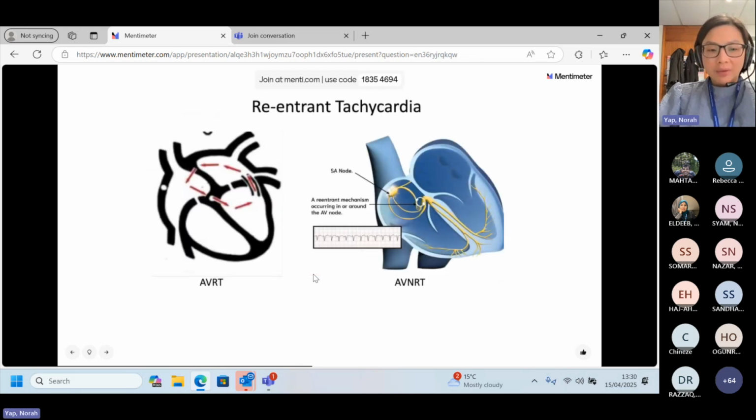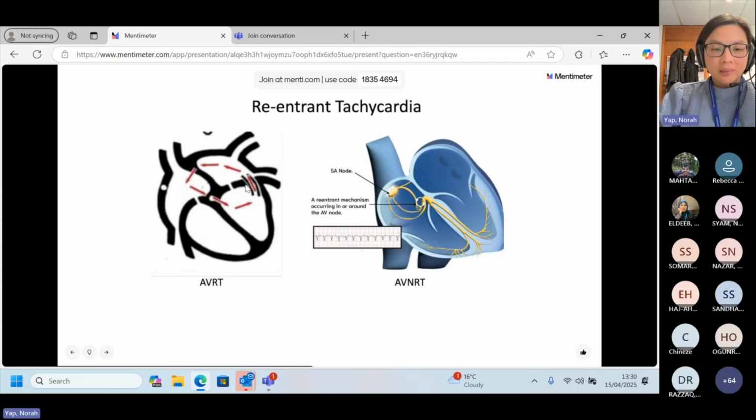I've already explained reentrant tachycardia, so I'll just go through it very briefly. As I said, in reentrant tachycardia there's a circuit involved, so you always involve the AV node. For example, the diagram on the left-hand side shows an accessory pathway mediated SVT.